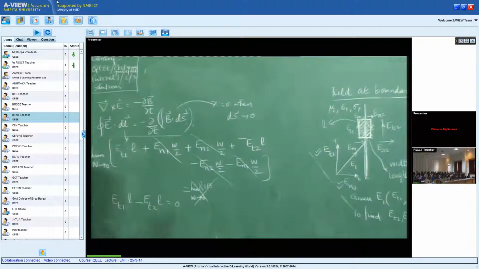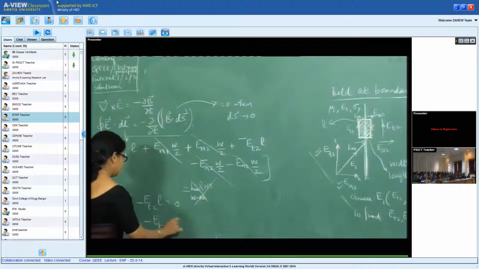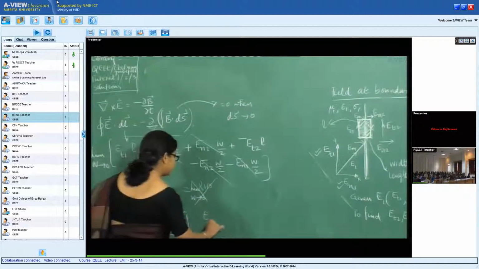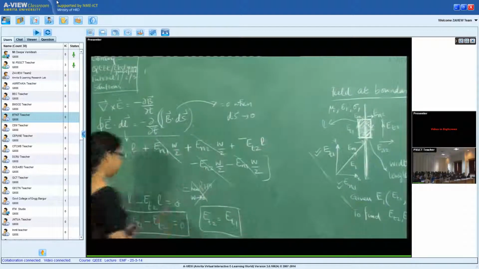Now this is a loop which I arbitrarily chose. So it should not matter what my length is, right? So it should be true for all values of L, which means that is possible only when the tangential components ET2 is ET1.